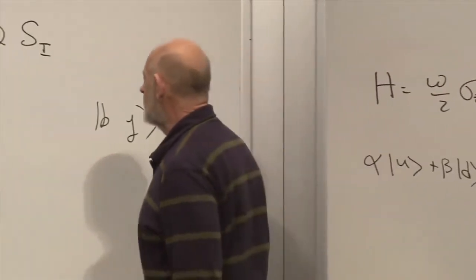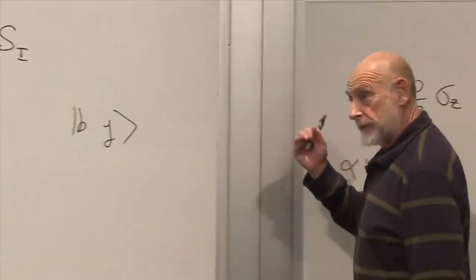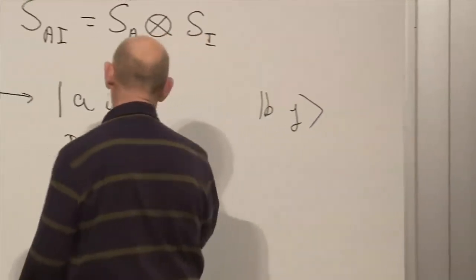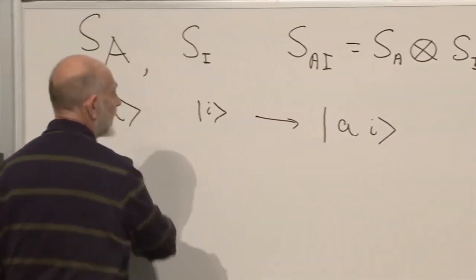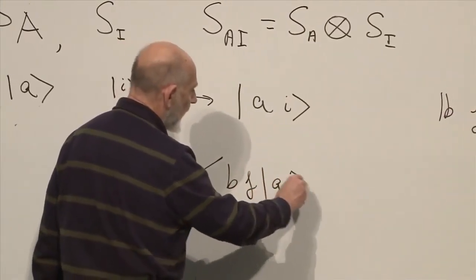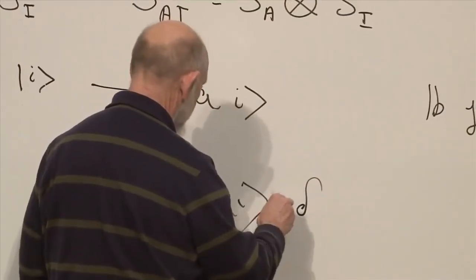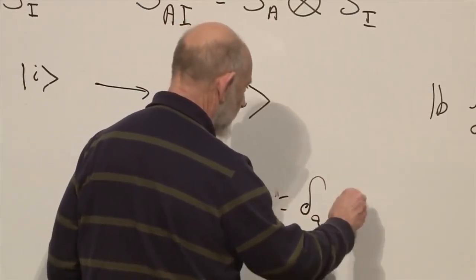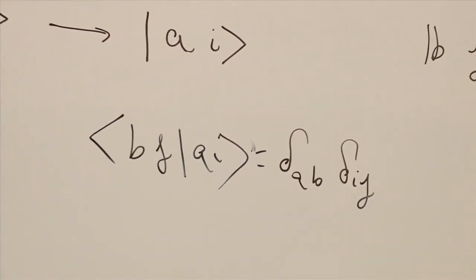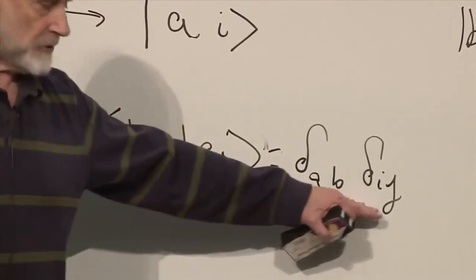If A and I are not the same as both B and J, the inner product is 0. I can write an equation for that. The inner product of BJ with AI is equal to Kronecker delta AB times Kronecker delta IJ. If I is not equal to J, or A is not equal to B, this is 0.